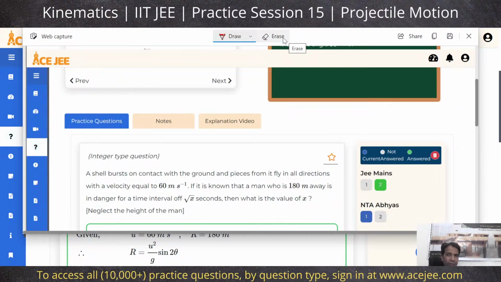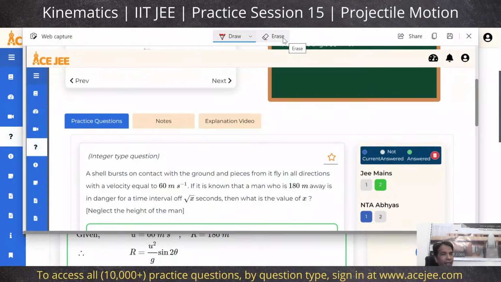Manan, you got it? What I'm trying to say, Vida? That between T1 and T2, shells released at any other angle between these thetas will be passing the 180 meters mark within that time frame. Yes, Vida? Yes, sir.